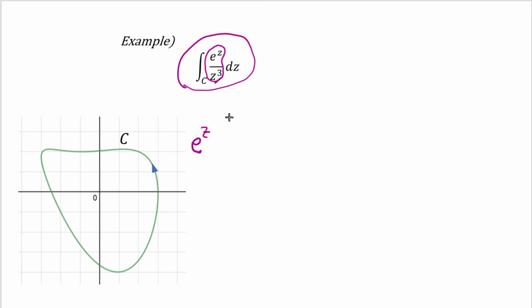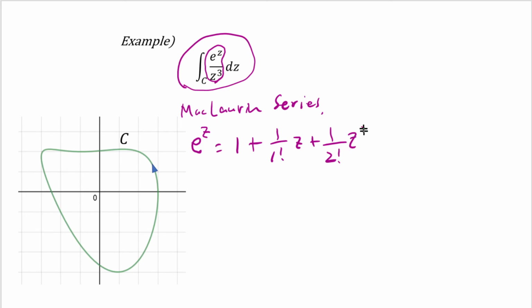So at first, this looks really challenging, but then you realize that there's something called the Taylor series, or the Maclaurin series, of e to the z, which is 1 plus 1 over 1 factorial z plus 1 over 2 factorial z squared plus 1 over 3 factorial z cubed. Hopefully you remember this from calculus 2.